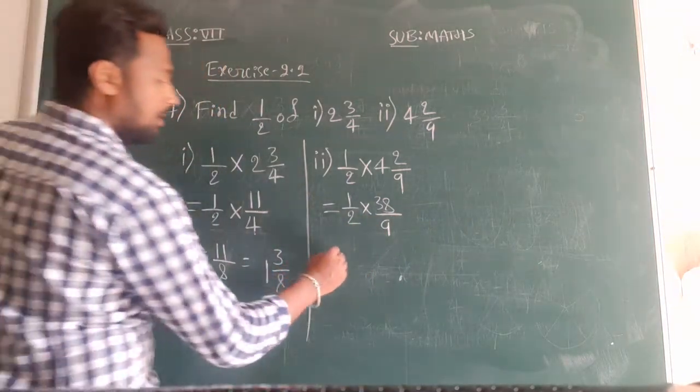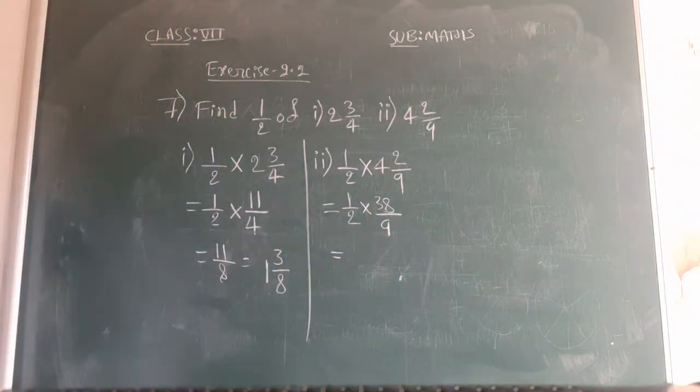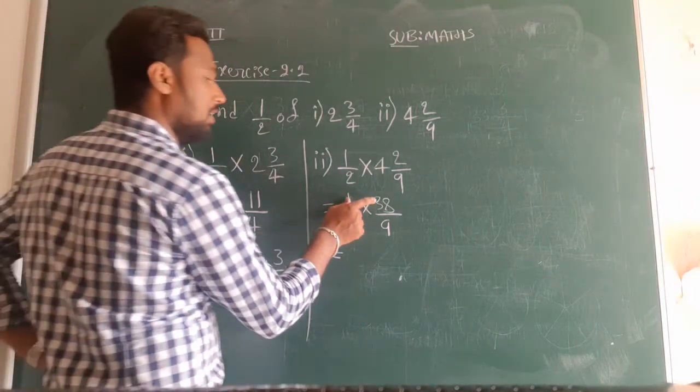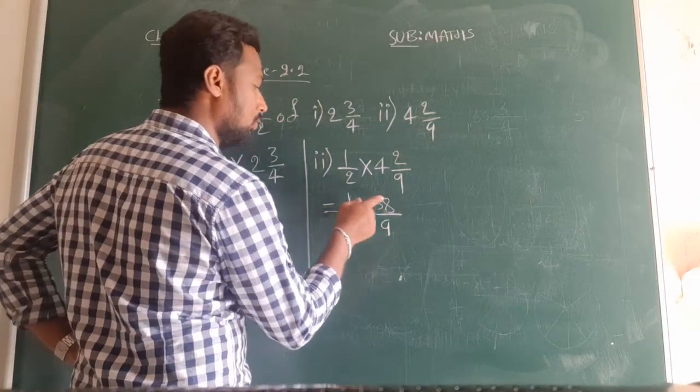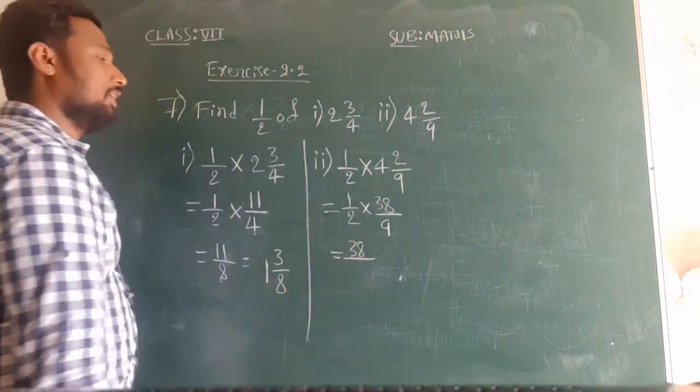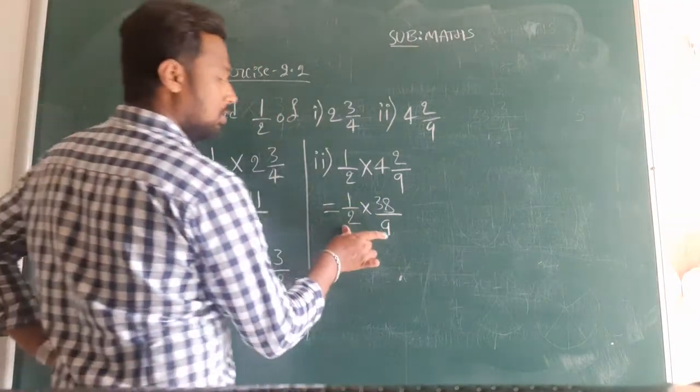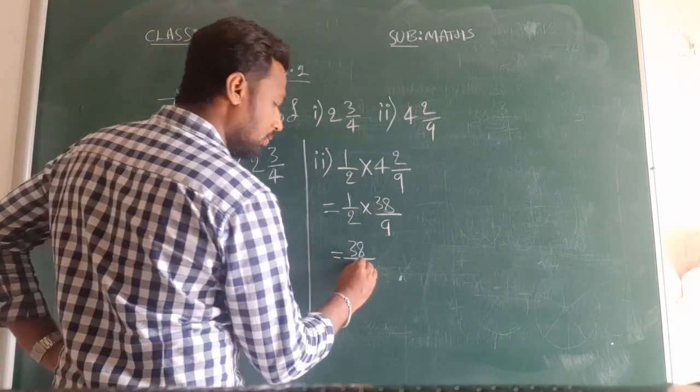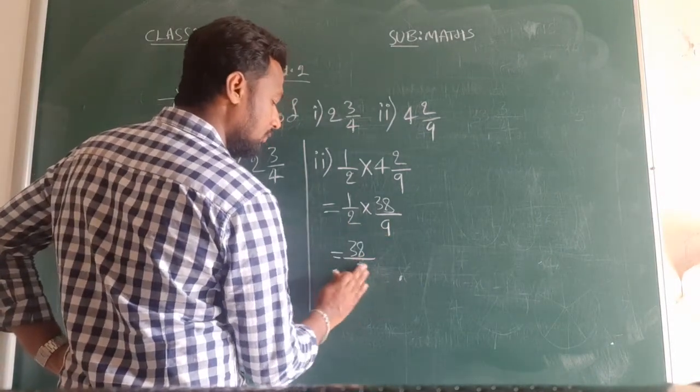Now we will multiply numerators and denominators. 1 into 38 is 38, and in the denominator 2 into 9 is 18.